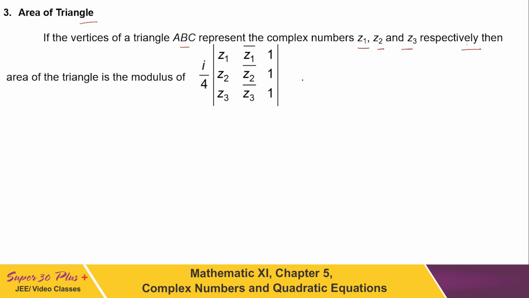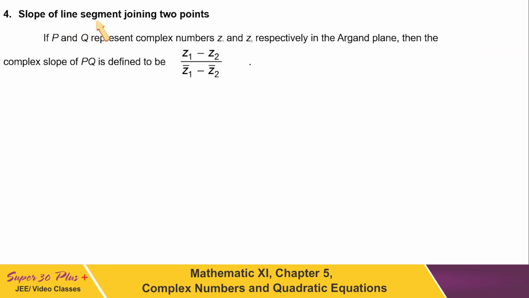Students, slope of the line segment joining 2 points. If P and Q represent the complex numbers Z1 and Z2 respectively in the Argand plane, then the complex slope of PQ is (Z1 - Z2) upon (Z1 bar - Z2 bar).